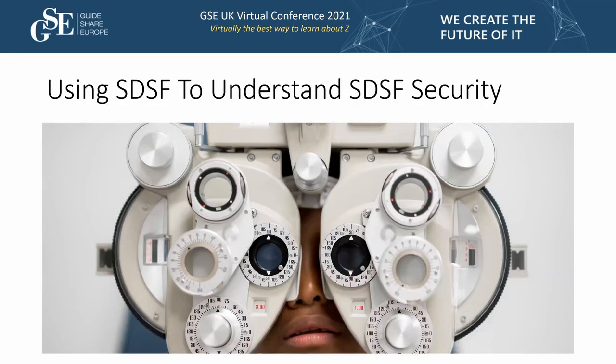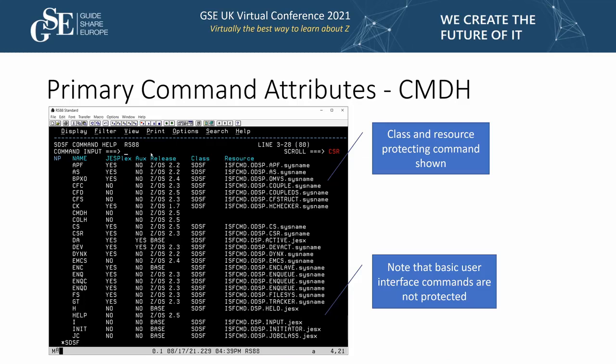Okay. So last section here is using SDSF to actually understand SDSF security. So in 2.5, we've added a few commands inside the product that report on the actual security metadata for the product as well, to help people along, because otherwise you've got to go and look in various manuals and tables and things like that.